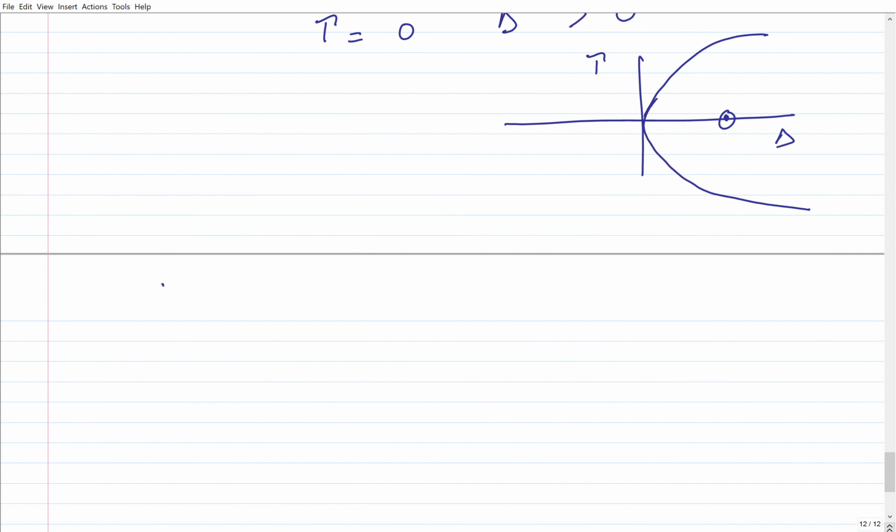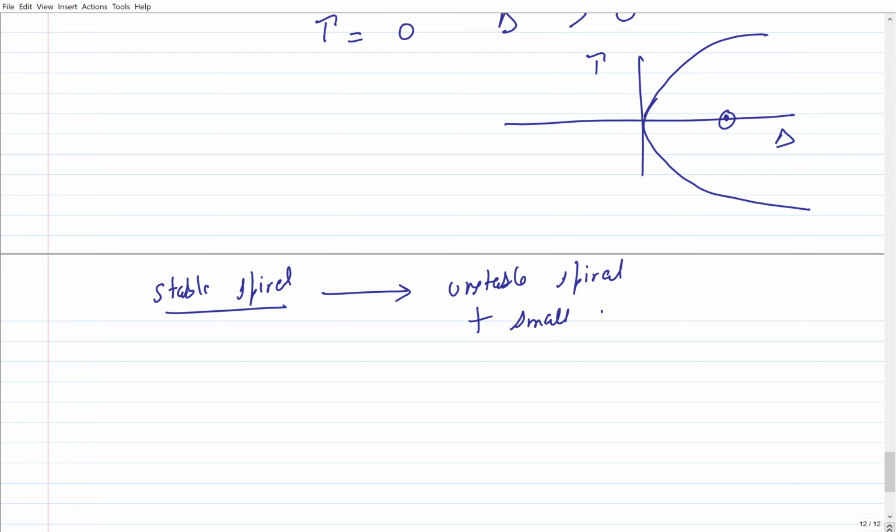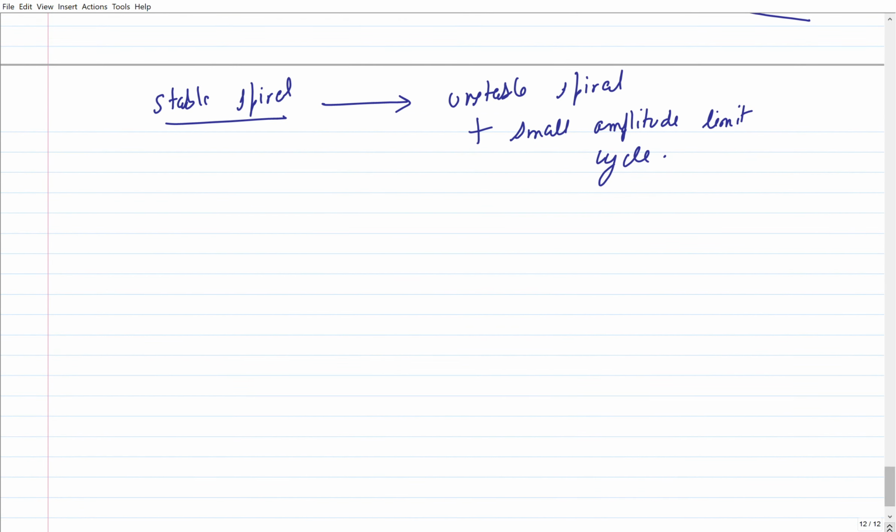So essentially, when a stable spiral goes to an unstable spiral plus surrounded by a small amplitude limit cycle, that's essentially what's happening.